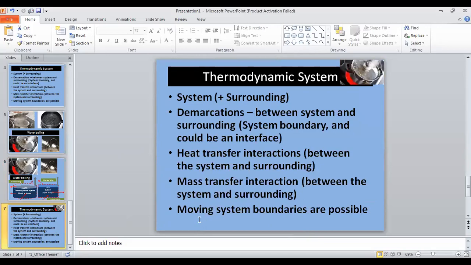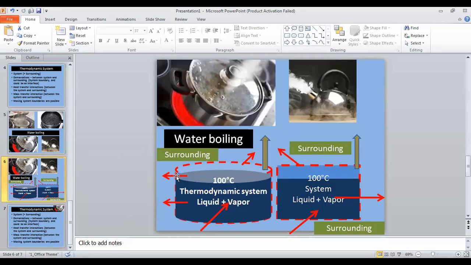So here, moving system boundaries are possible, but here, for this case, system boundaries not moving. For this case, system boundaries not moving, but water level or the liquid level is dropping back. System boundary no change.